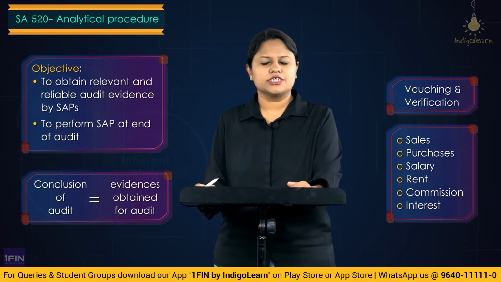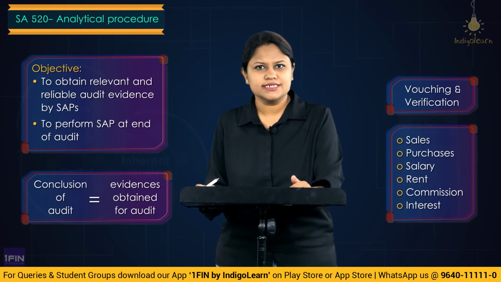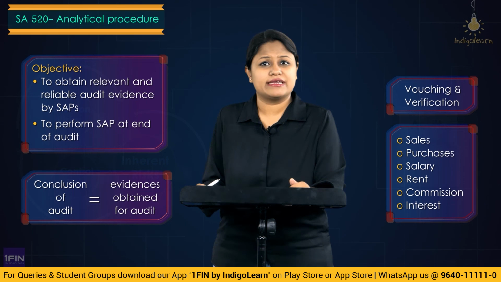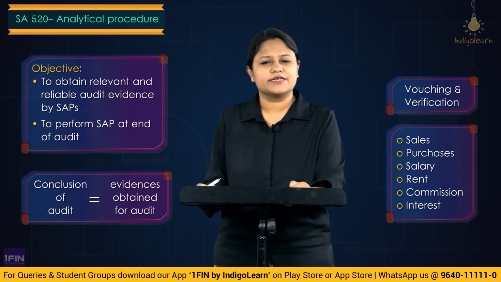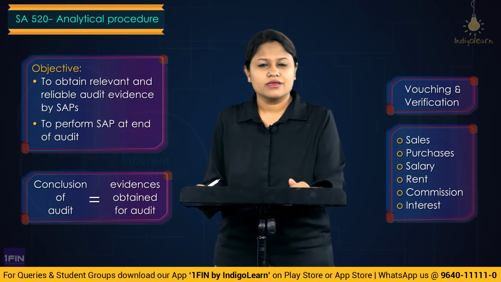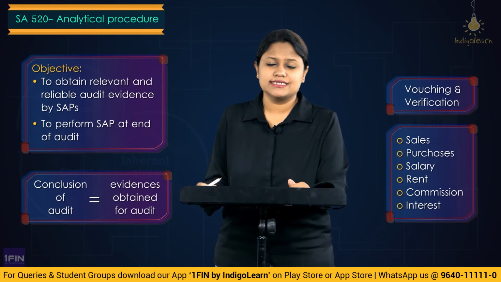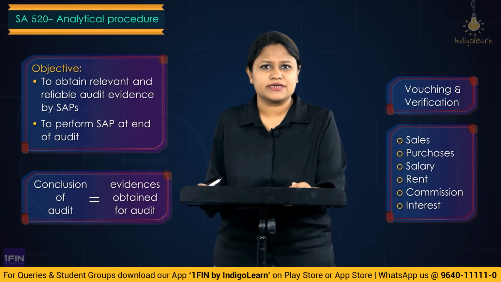That means analytical procedures also should give you that kind of evidence which is telling you that there is nothing which is an indicator of risk of material misstatement. That means they are reasonably free from the material misstatement. That is what it has to be. But suppose during the course of audit, you have understood that these elements do not have a material misstatement.